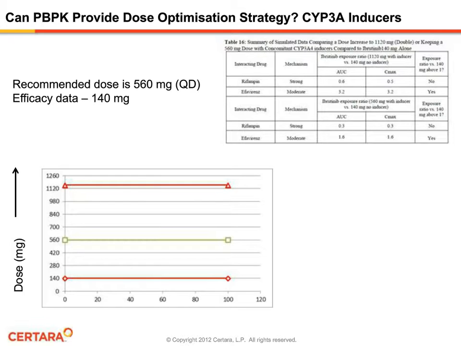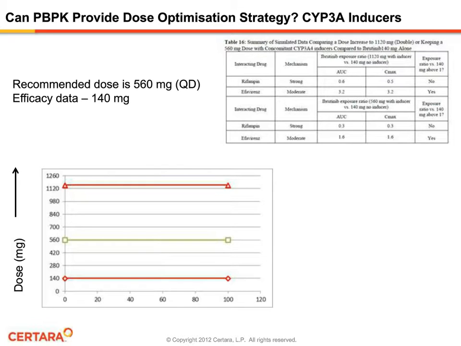In this particular case, at the bottom here, the ibrutinib exposure ratio is presented with an inducer relative to the 140 mg dose with no induction. And what they did here was check whether the exposure ratio versus 140 mg is above 1.